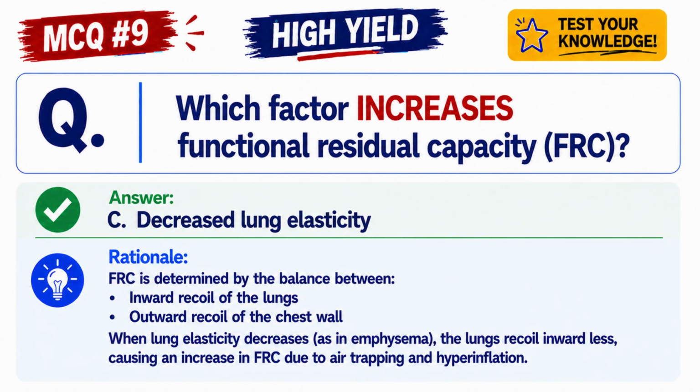Here's why. Return to the fundamental balance that determines FRC. Inward recoil of the lungs, opposing outward recoil of the chest wall. FRC is where they balance. Lung elasticity, the tendency of the lungs to recoil inward, is the inward force. When lung elasticity decreases, as it does in emphysema, the inward pull is weaker.